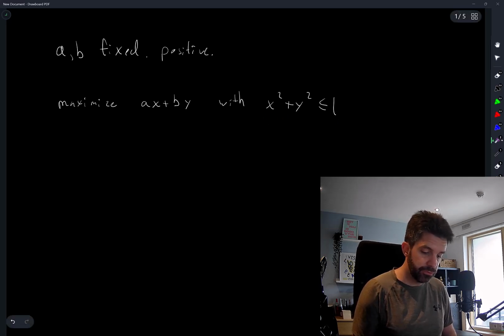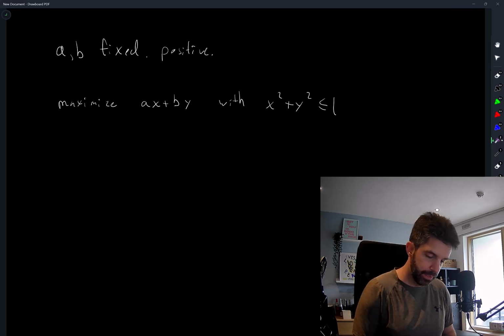It's pretty easy to see that if x squared plus y squared is strictly less than 1, then we could increase either x or y, and that would increase this by some little amount. So I'm just going to replace this immediately with x squared plus y squared is equal to 1.